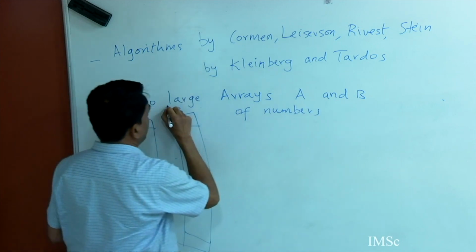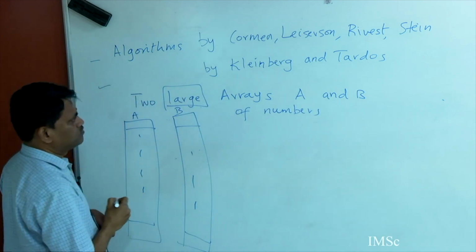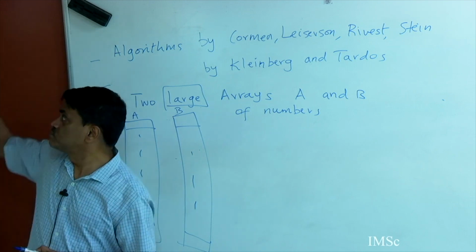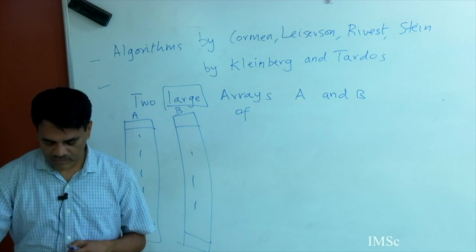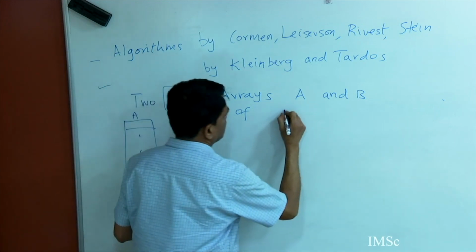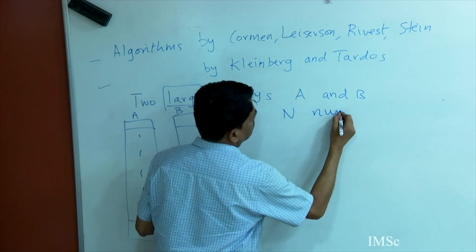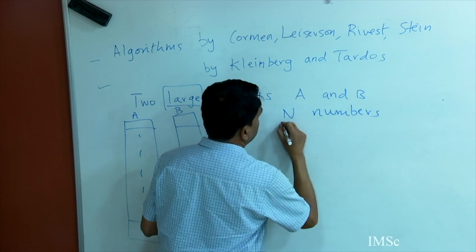The key thing is it's large. Okay, so n is large.